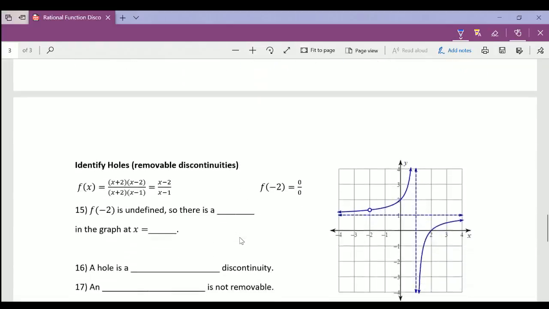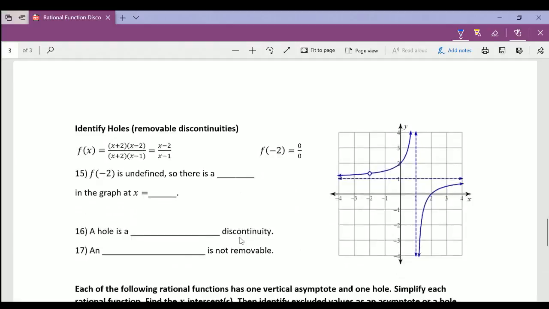Now the next term is called a hole. And these are called the removable discontinuities. You see this part right here, we canceled out earlier the x plus 2's. And that's where the negative 2 came in. Thing is, if you plugged in negative 2, you wouldn't just get a number over 0.